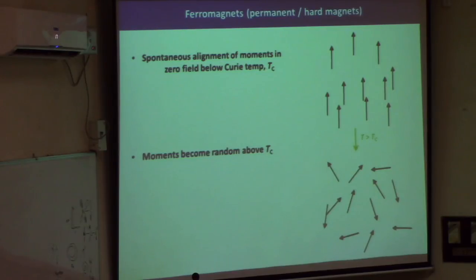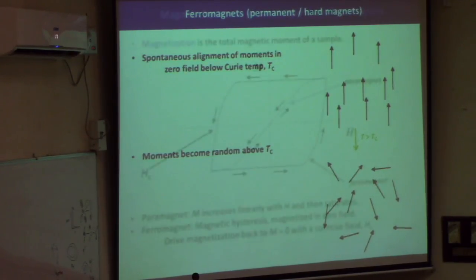Okay? So for things like magnetite, this is room temperature and above. Above this Curie temperature, thermal energy feeds into and agitates the individual magnetic centres such that their moments become randomly oriented. So it's a different regime to what we would get with a Curie paramagnet.